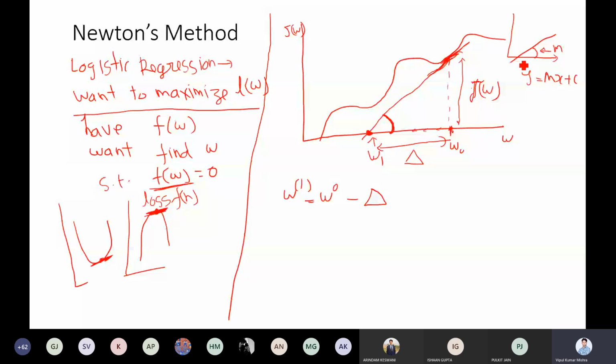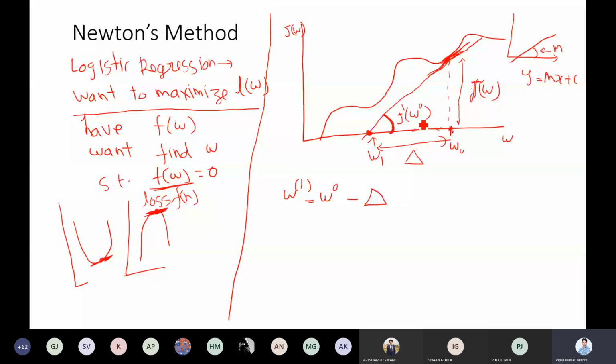So if you look into this, you can say the angle, or you can say the slope value. This slope value will become J dash W0. Can we say the slope is this J dash W0? Because ultimately your derivative is representing the slope. So this will become the slope here, right?